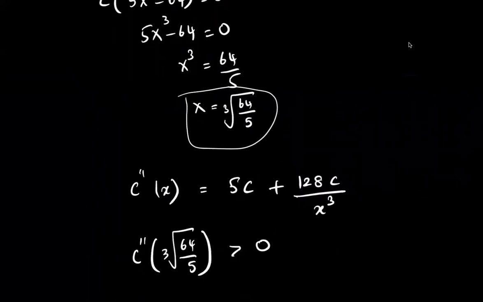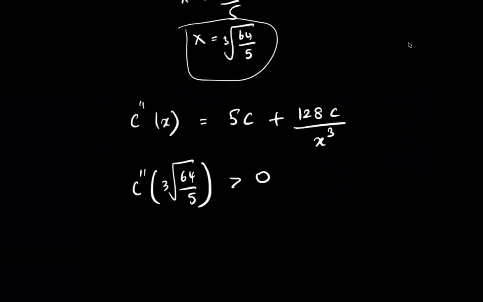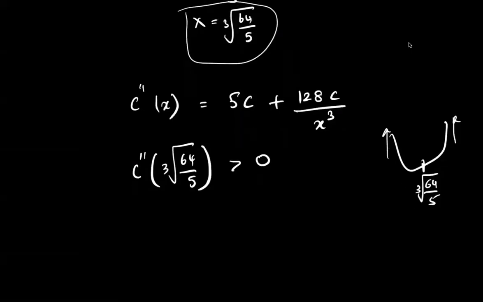Because x is positive and everything is positive. So that means I have a concave up function, and this is my critical value. And using the same logic that we had before, this side is going to infinity, this side is going to infinity, therefore this has to be the absolute minimum also.